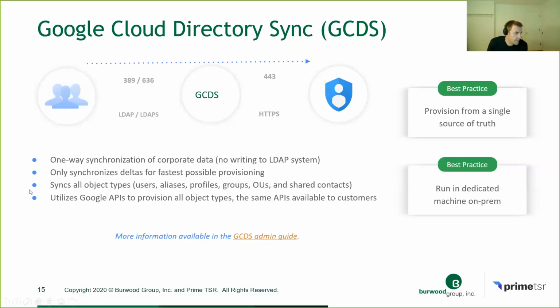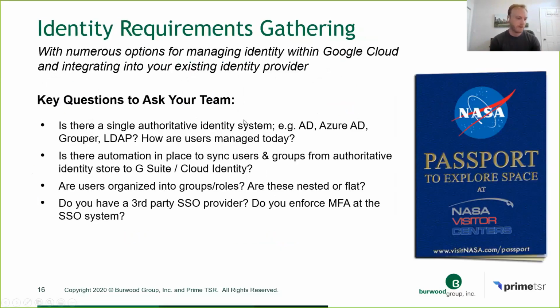Ed, I just wanted to jump in here real quick. Yeah, absolutely, Rich. I did want to highlight, as you already did, that there are so many different options, and I was impressed with what I learned about keeping your identity system and Google's identity system in sync. I know they have a lot of SSO options, but there are also not only Google tools but third-party tools to make sure that if you're updating a role or user information in one system, it automatically syncs between the two systems.